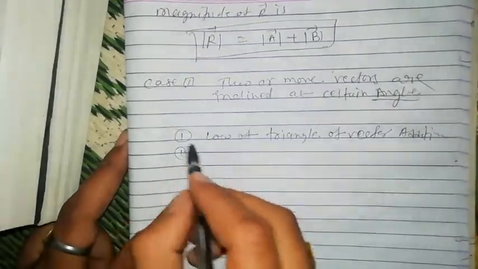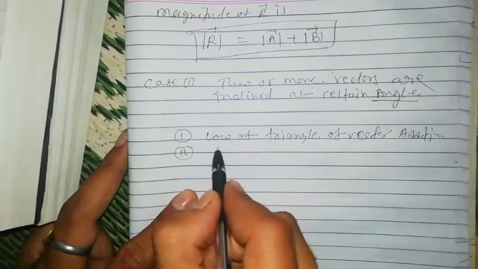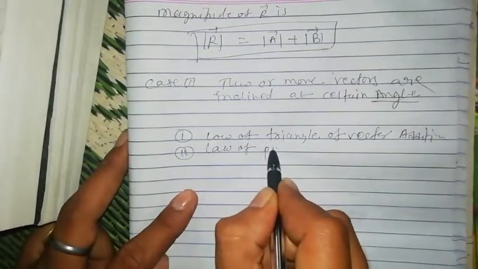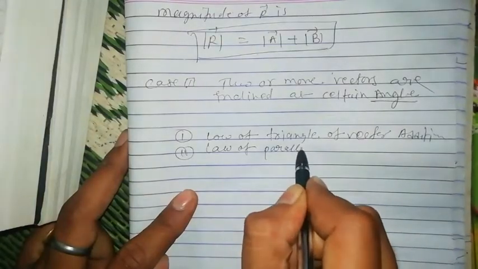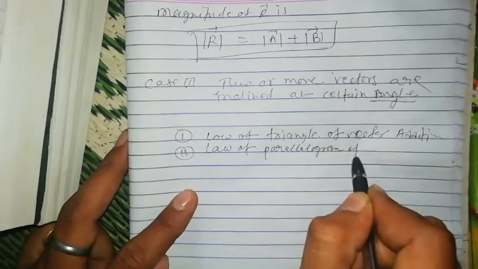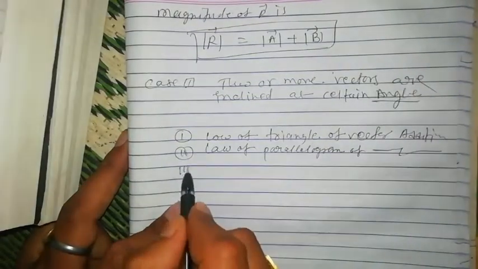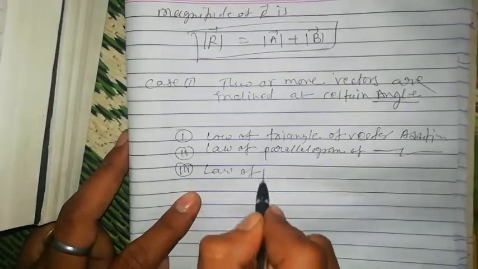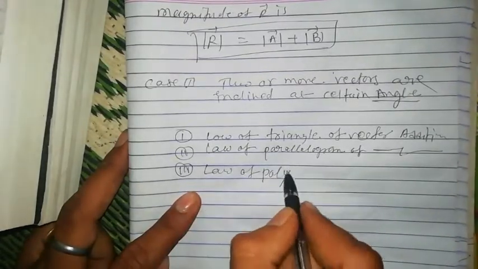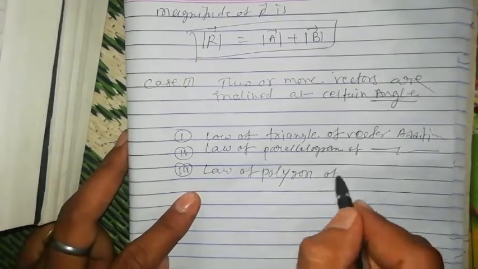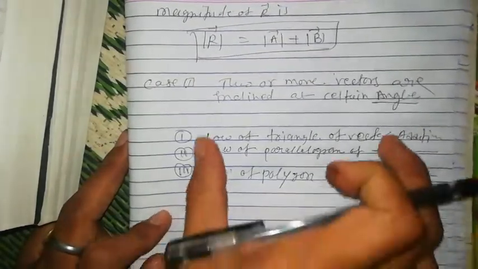Second, law of parallelogram of vector addition. And third, law of polygon of vector addition.